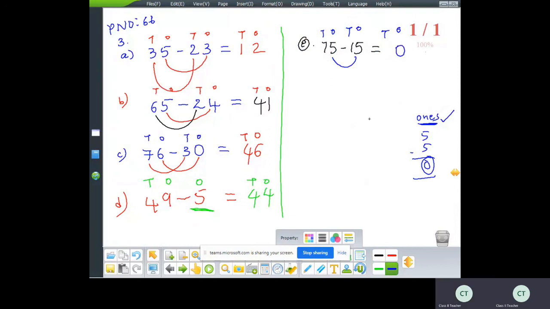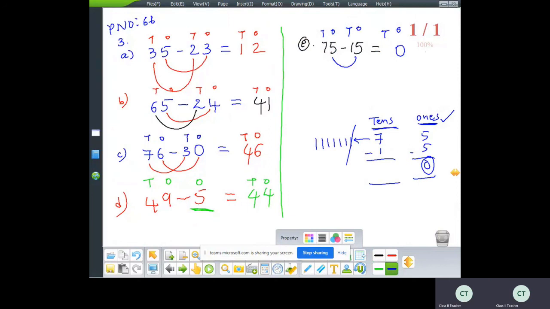Now subtraction on the 10's place. The digits from the 10's place in both numbers are 7 and 1. It means 7 minus 1. 1 is subtracting from 7. 1, 2, 3, 4, 5, 6, 7. From 7 we remove 1.